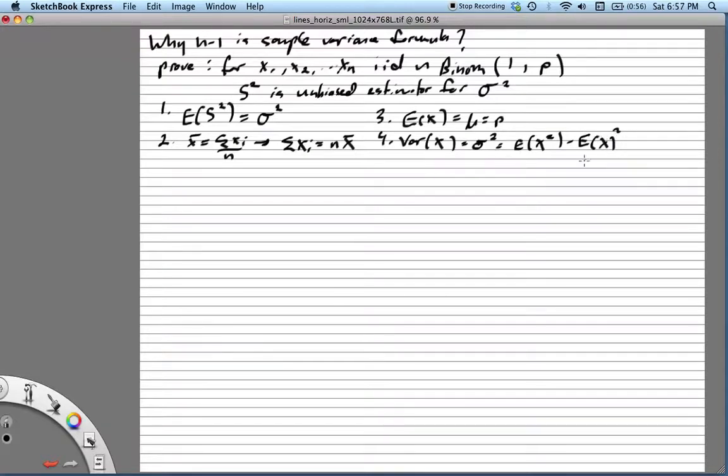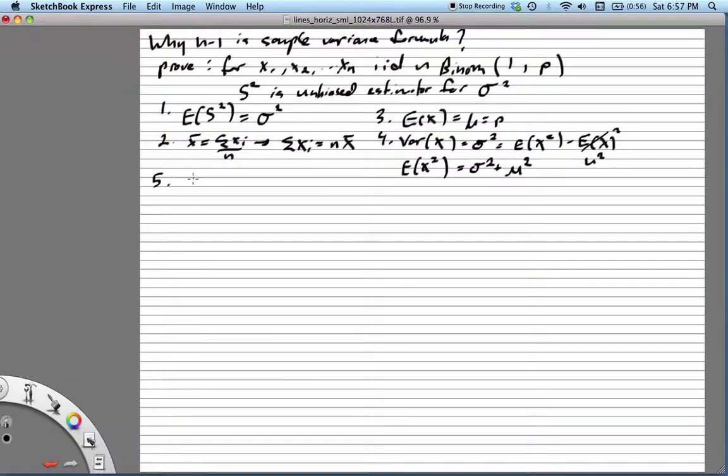Okay, we know that the expected value of x is mu, so we can call this mu squared, and we can get an expression here: the expected value of x squared is equal to sigma squared plus mu squared. This is very important.